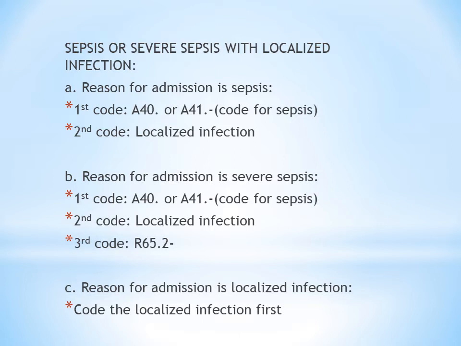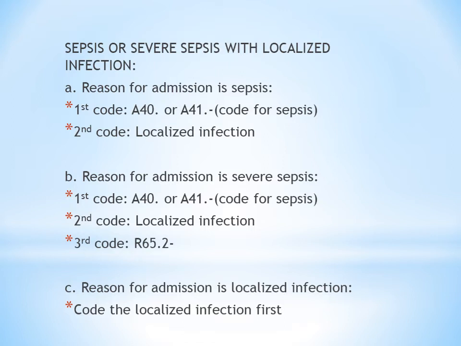Here the reason for admission is sepsis. If the patient is admitted for sepsis and has a localized infection, for example pneumonia, then our first code will be the code for sepsis, the A40 or A41 series, and the second code will be the localized infection. If it is pneumonia, it will be the code for pneumonia.